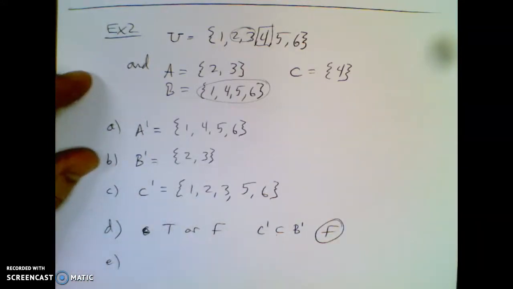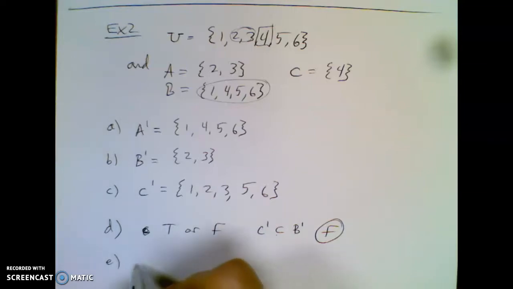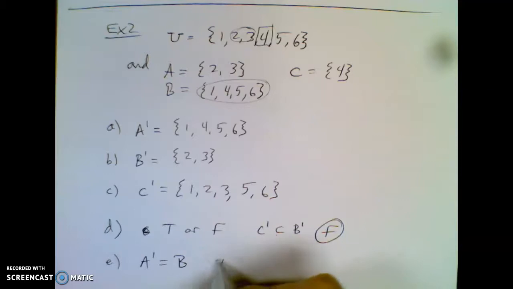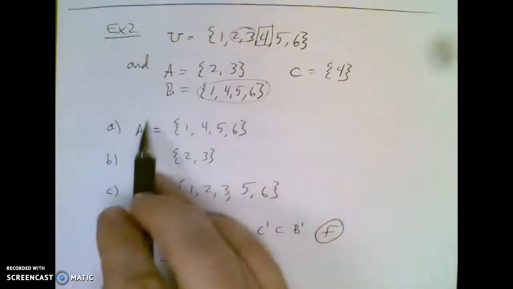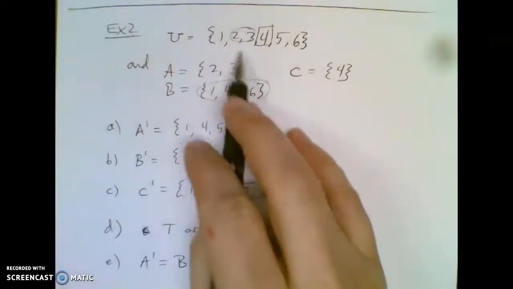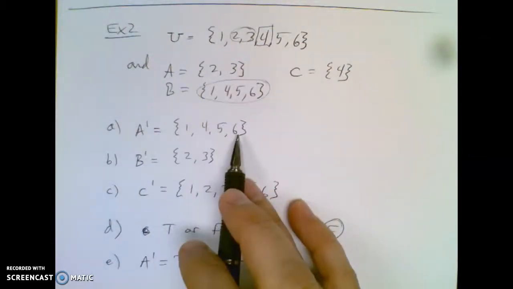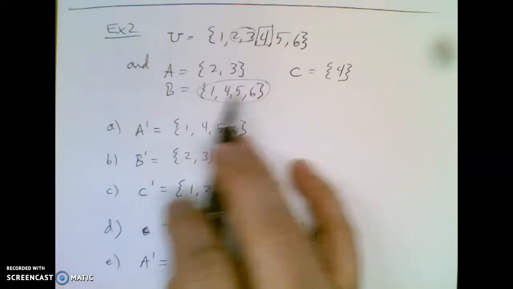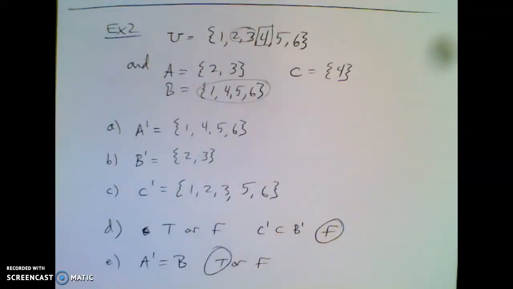Let's do one more. Is A not equal to B? A not is everything that's not 2 or 3, so 1, 4, 5, 6. Is it equal to B? 1, 4, 5, 6, that's true.